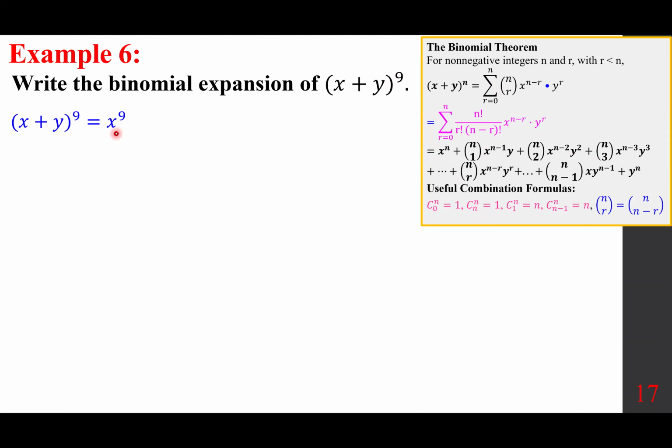Or just, class, you could write here C(n,0), which in this case is C(9,0), right? Which is 1. That's why I didn't write it. The next one is, again, don't forget n is 9 for us here.